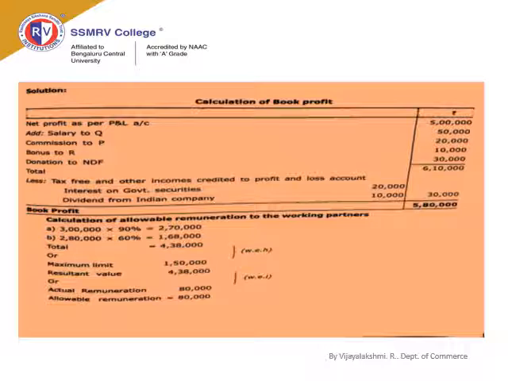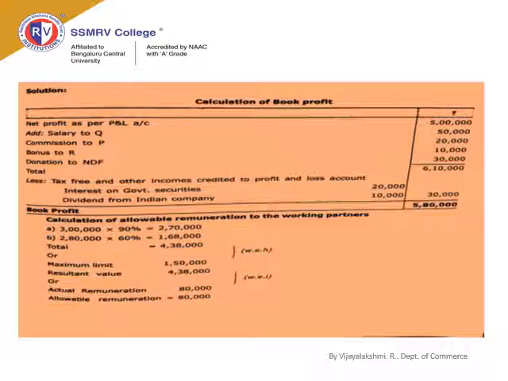Students, see here, book profit totally is 5,80,000, out of which up to 3 lakh, 90% is taken. For the remaining 2,80,000 we consider 60%. It is a slab given by the tax board. So 60% gives us 1,68,000. Put together, the total is 4,38,000.